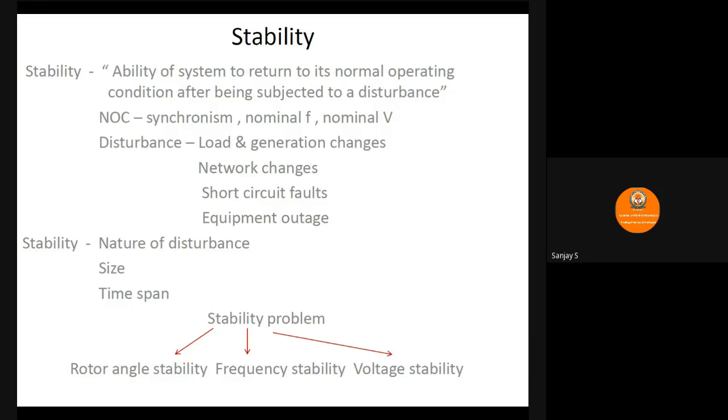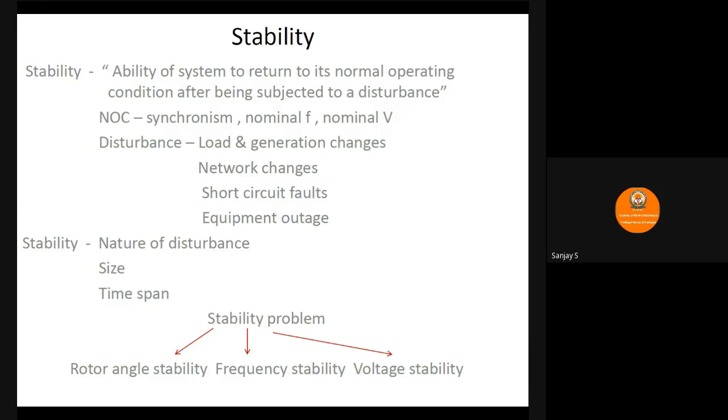So in spite of these disturbances, the system should be able to return to its normal operating condition after suffering the disturbance. Then the system is said to be stable. If it is unable to return to its normal operating condition, then it is said to be unstable. Stability basically depends on the nature of disturbance, size of the disturbance, and then the applicable time span.